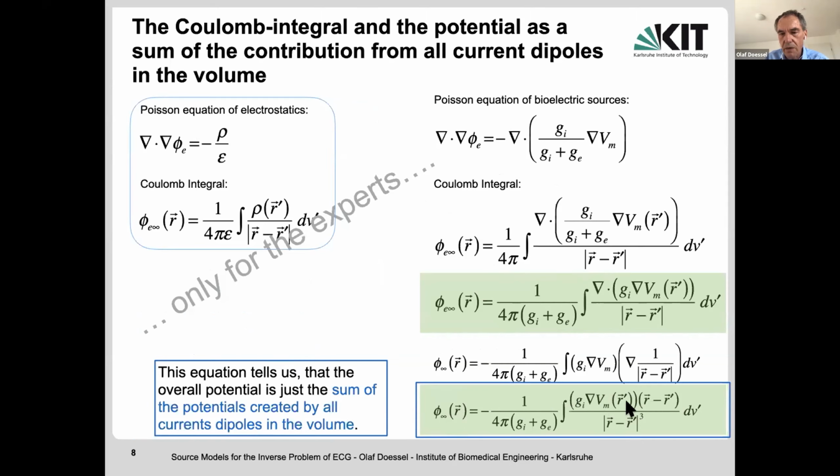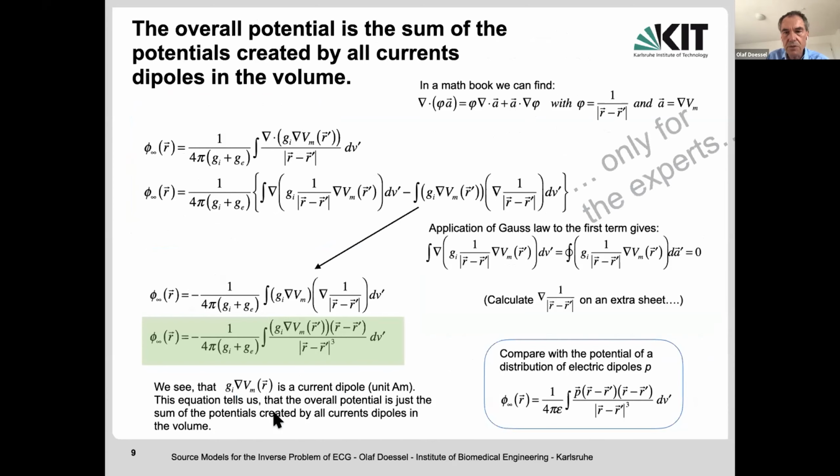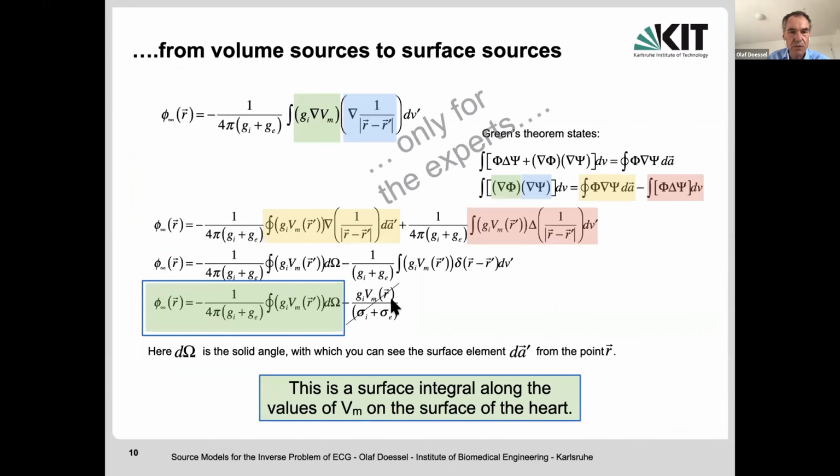Only that here we have our current dipoles, conductivity gradient Vm. These are the current dipoles, and you can reconstruct in a large homogeneous conductor every potential via a superposition of hundreds of little electric dipoles. So this is kind of proven mathematically here, and here you see the equations where it comes from.